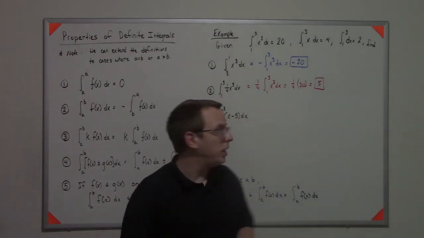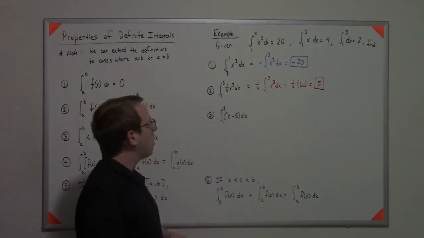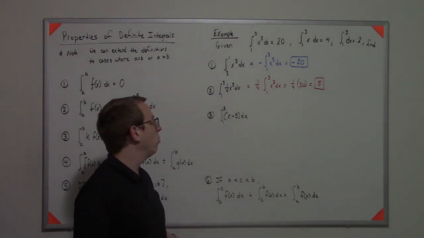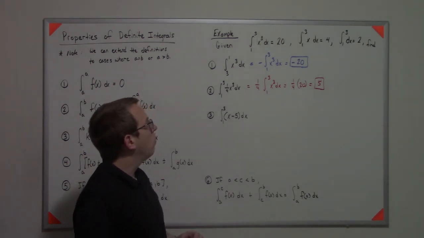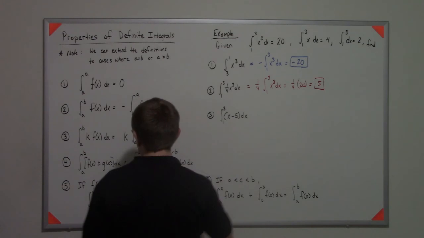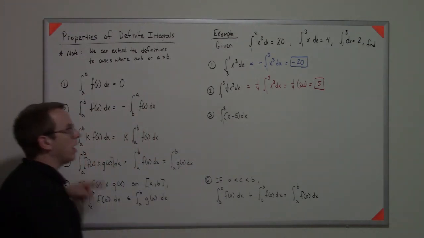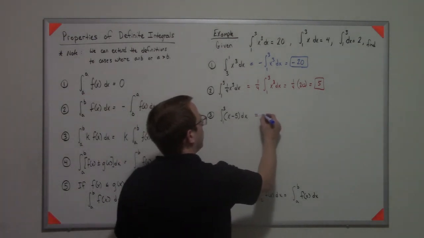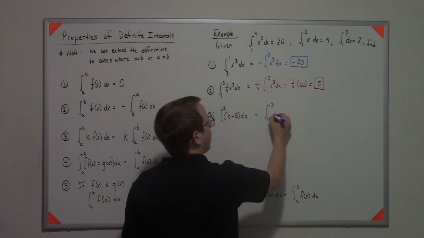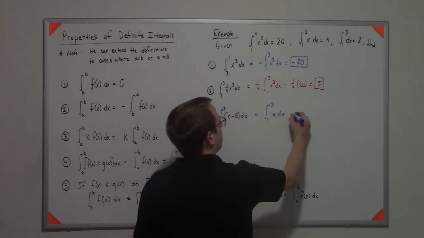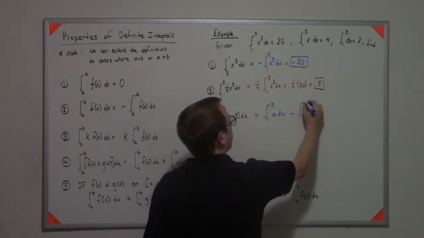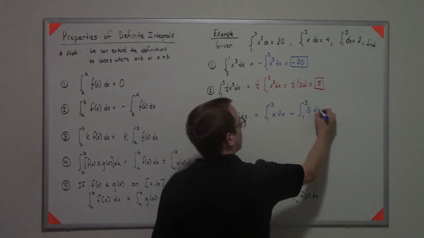And then finally, I have x minus 5 dx from 1 to 3. I can use property 4 here, and say that's the integral from 1 to 3 of x dx minus the integral from 1 to 3 of 5 dx.